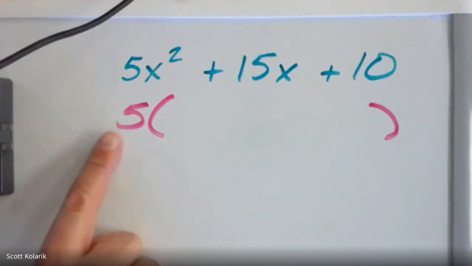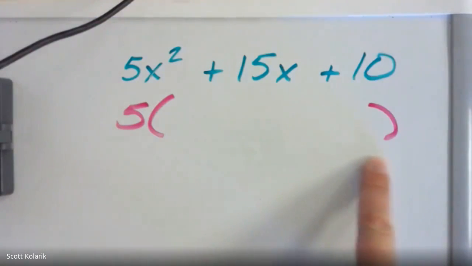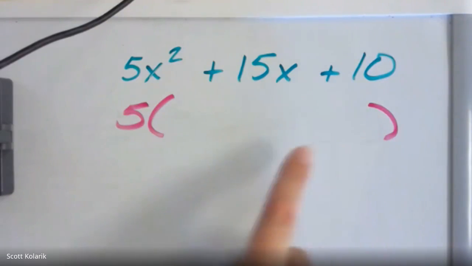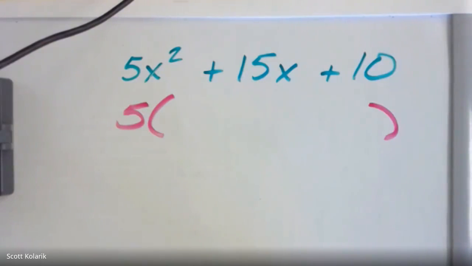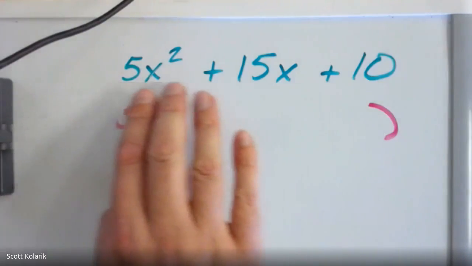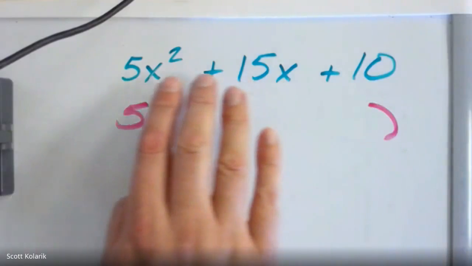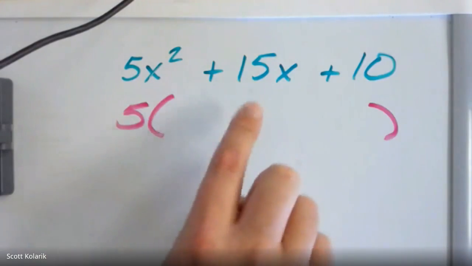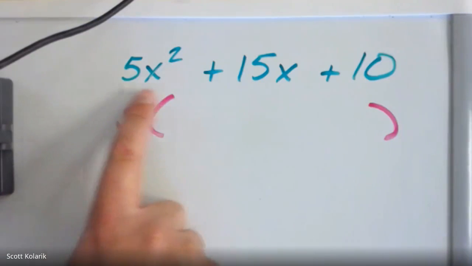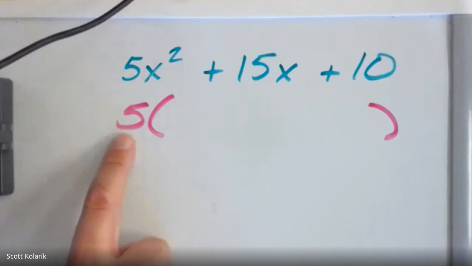Distribution would be like if I gave you 5 times some parentheses, then this 5 would multiply into every single object inside the parentheses, whatever it may be. Factoring goes in reverse. I have a polynomial like we have here, and I'm dividing out whatever my common factor is. So in this case, for my first monomial, I divide 5 out.